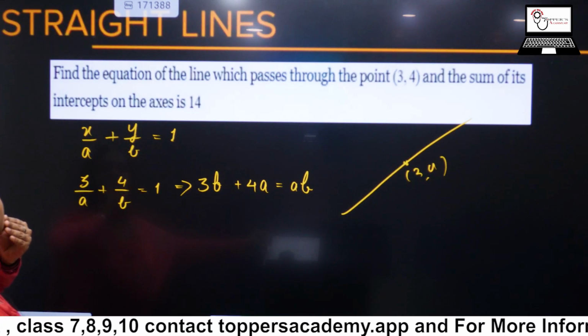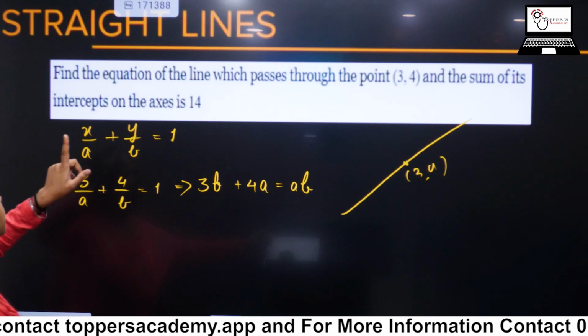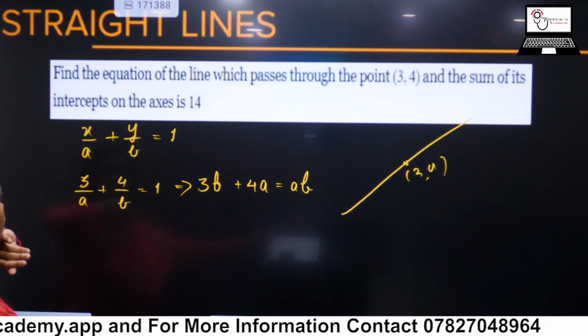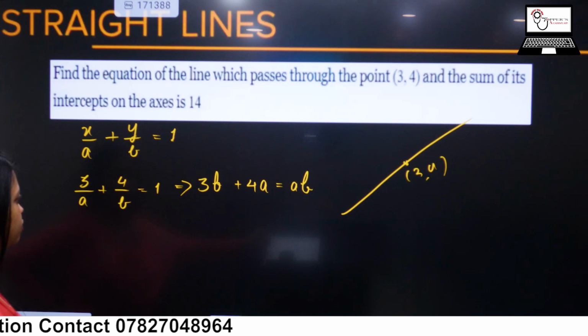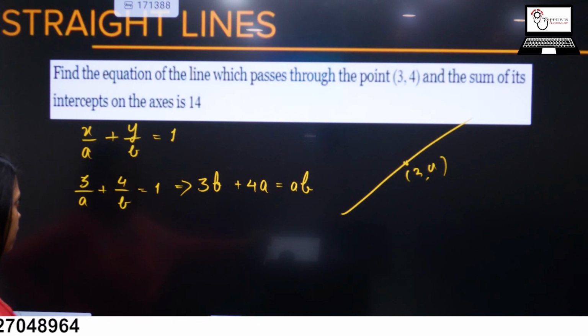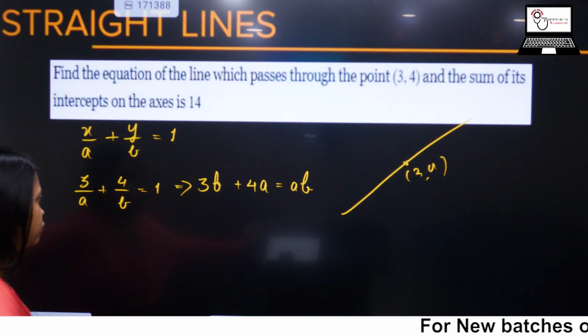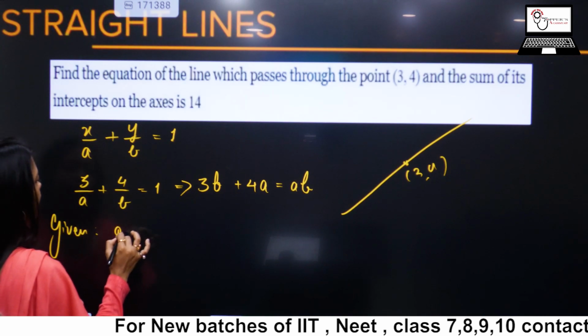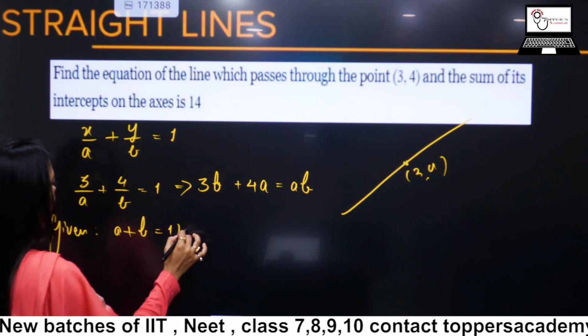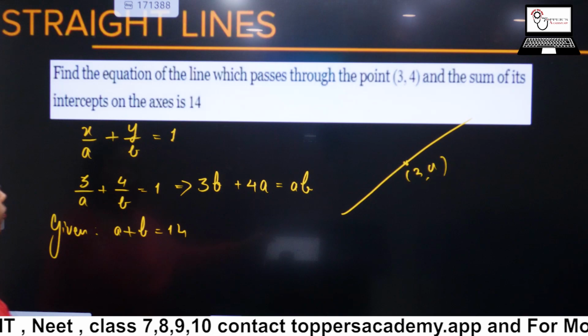The sum of its intercepts on the axes is 14, that means A plus B is given to be 14. So you have another piece of information, that A plus B is equal to 14. How can you find A and B from here?